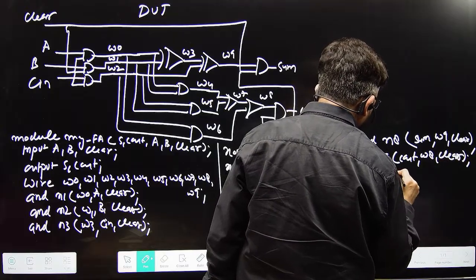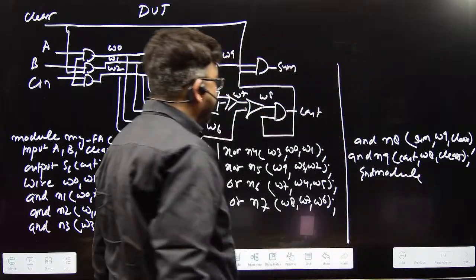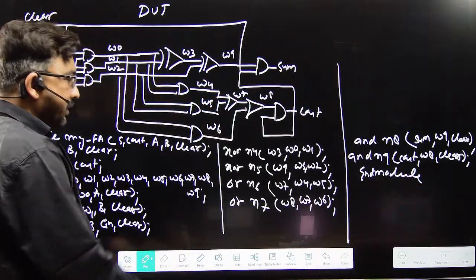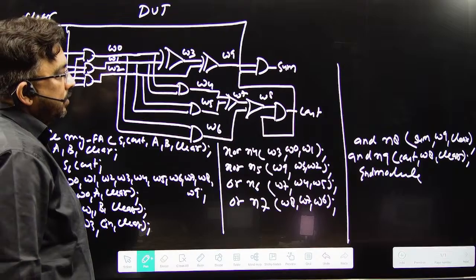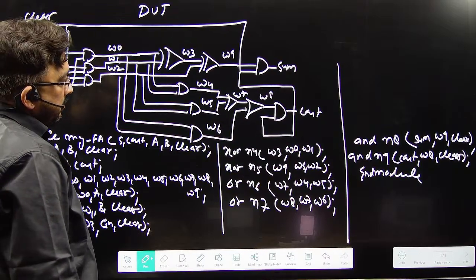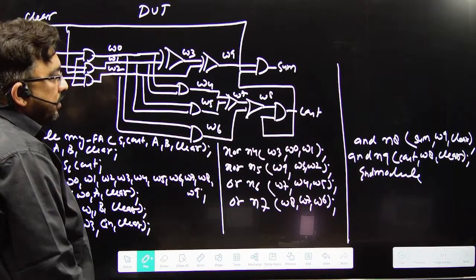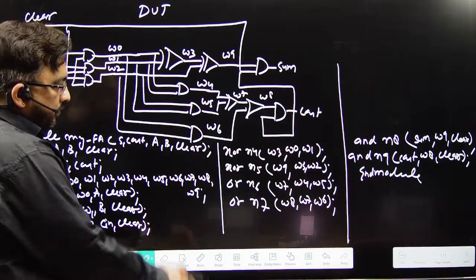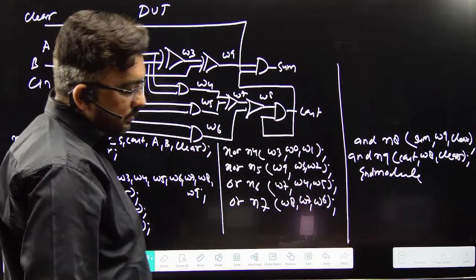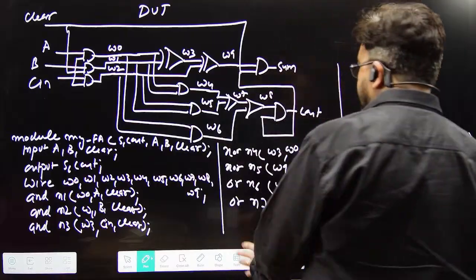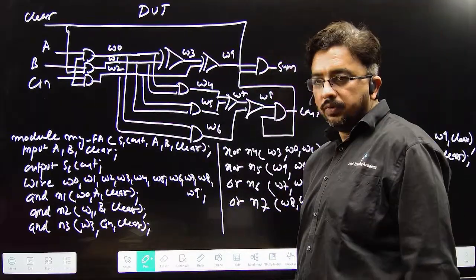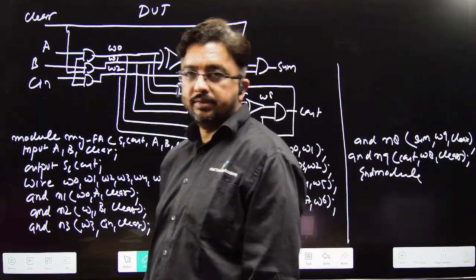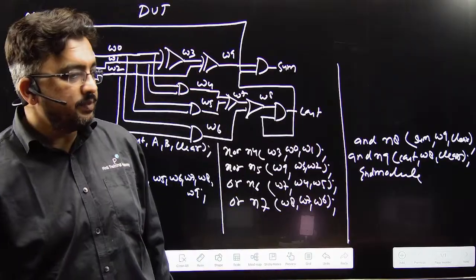So basically what you have done here, you have designed the logic of your full adder with the help of gate level modeling. Okay, now we have to write the test bench for this.